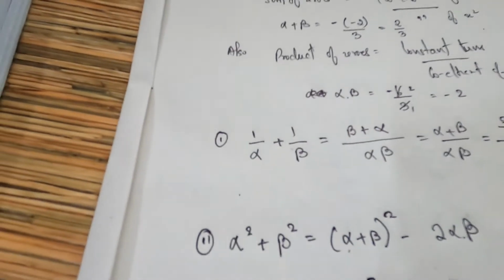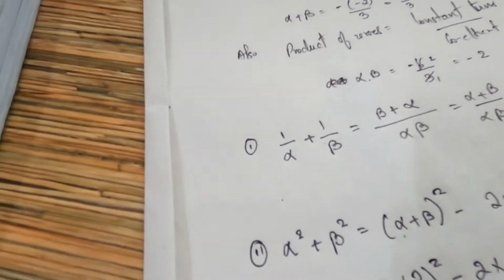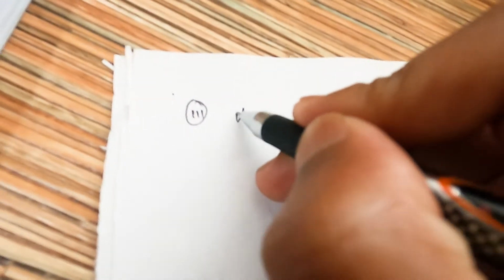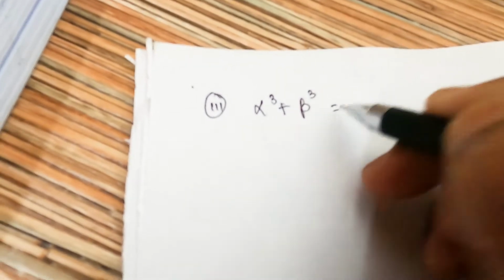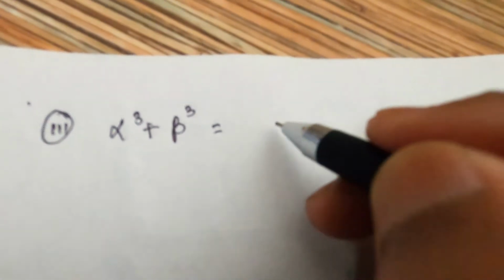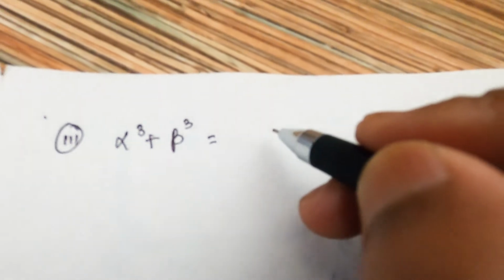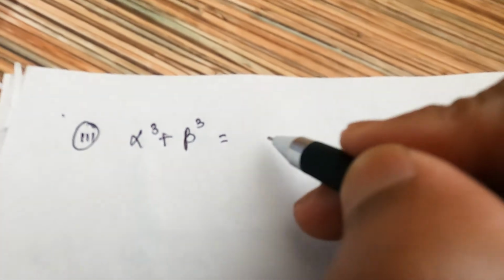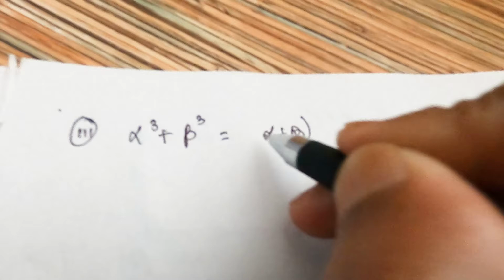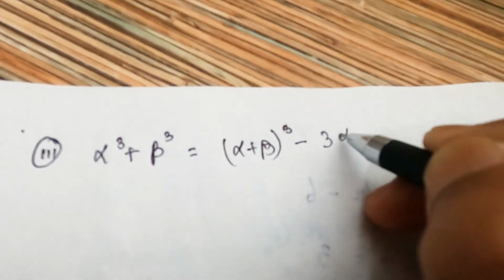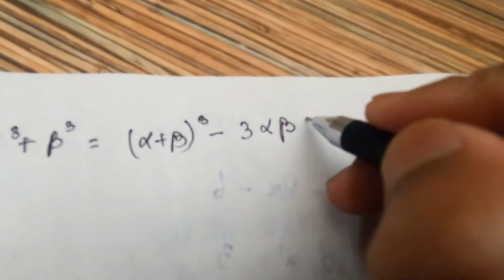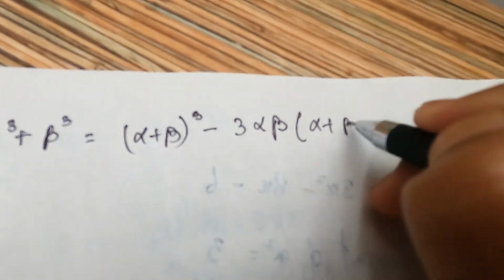Let us find the third one. Now for number 3, alpha cube plus beta cube. This one is very simple. Here we can write it as alpha plus beta whole thing cube minus 3 alpha beta times alpha plus beta.